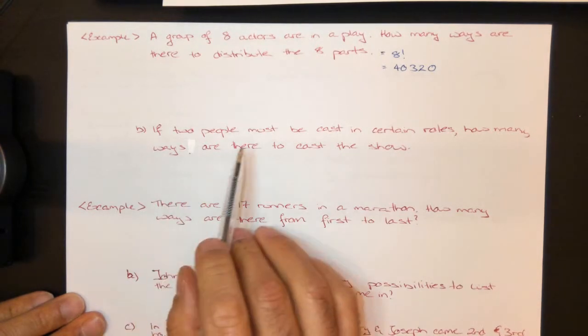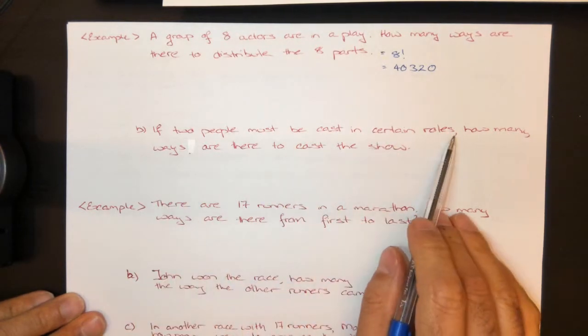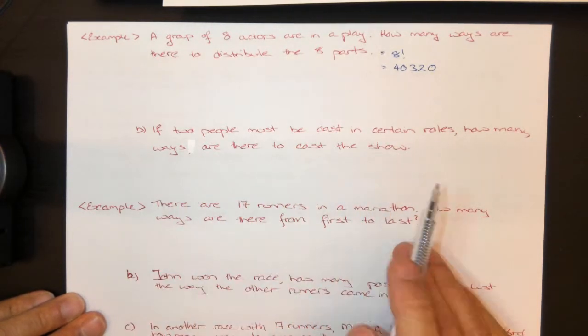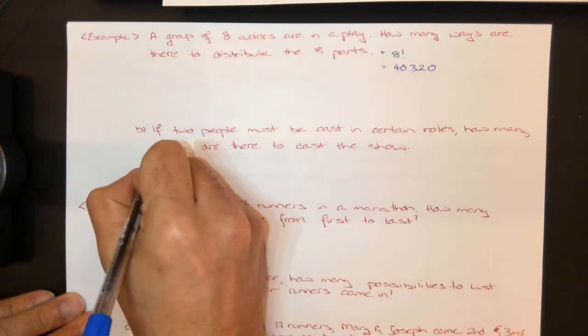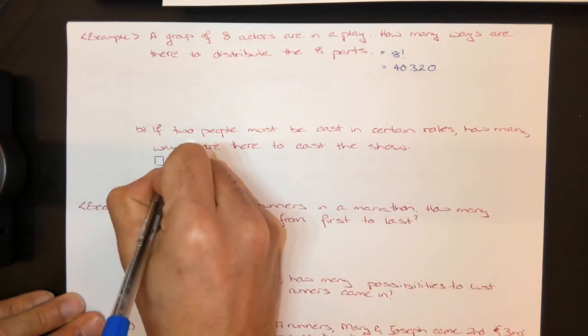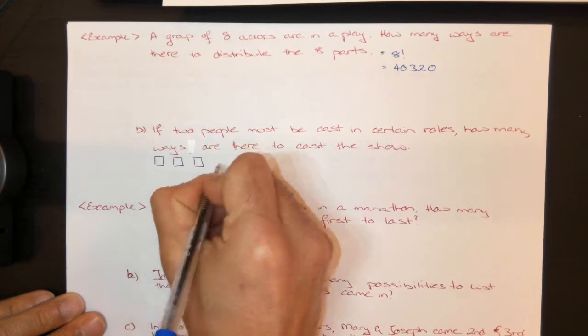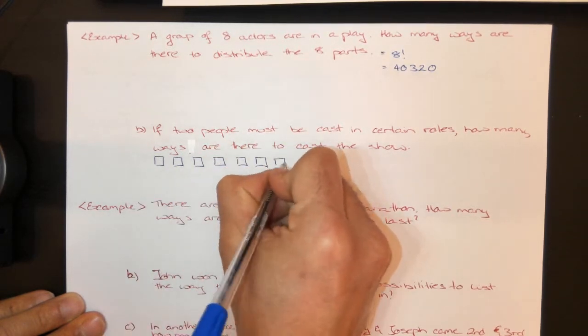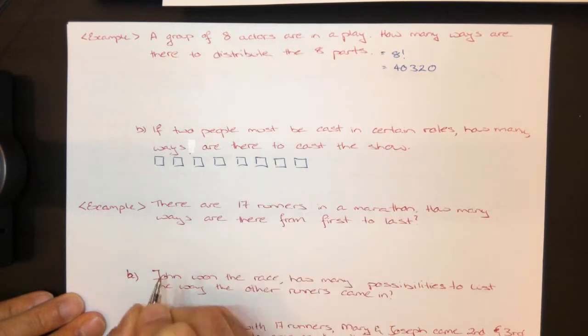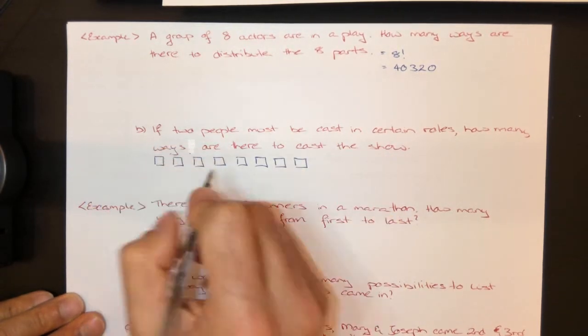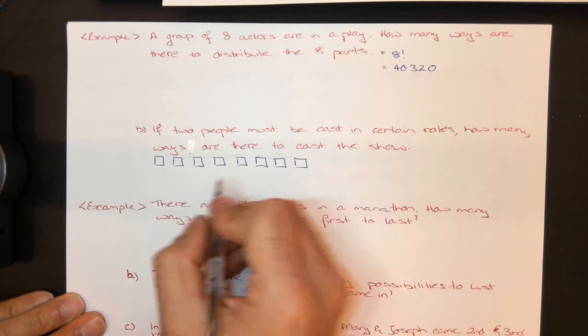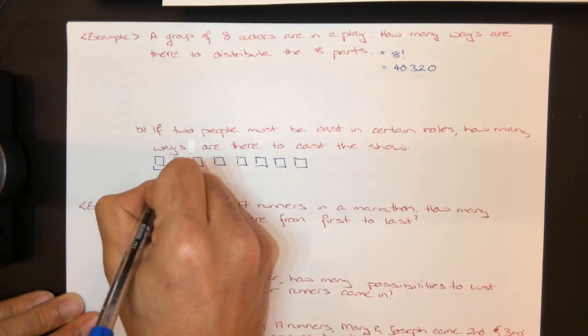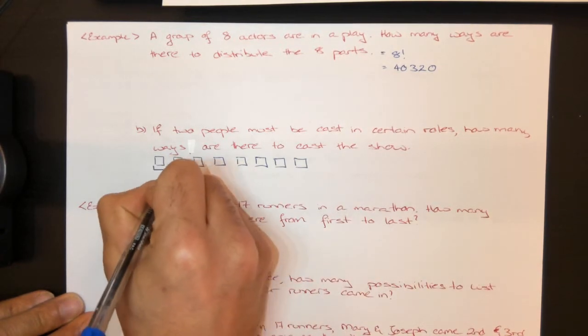Part B says, if 2 people must be cast in certain roles, how many ways are there to cast the show? So there are currently 8 actors. Alright. There are 2 people, they must be cast in certain roles. So let's say these are the roles that have to be cast in a certain way.